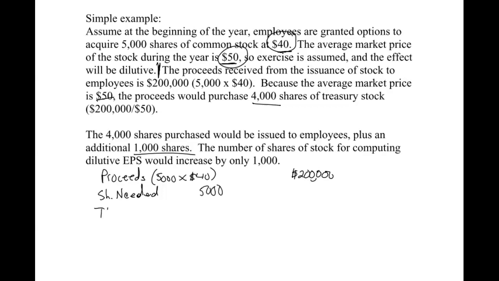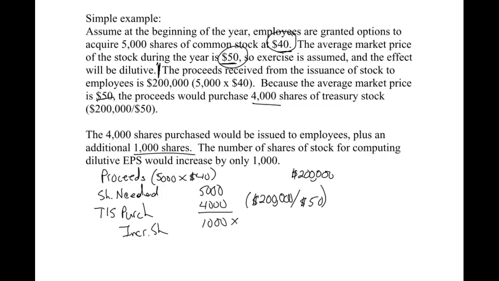Remember, this is all hypothetical. We are going to go out and buy as much treasury stock as we can. That means we have $200,000, and we're going to buy as many as we can at the average market price of 50. That allows us to buy 4,000 shares, and that means we'll have incremental shares needed of 1,000. Technically this is the denominator, so it's 12 twelfths, if you want to write that out just to be consistent. That is the denominator effect.